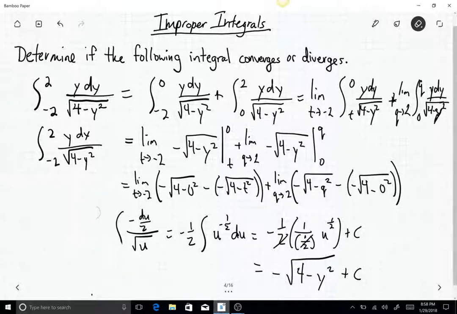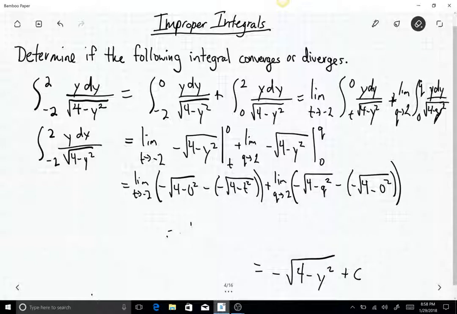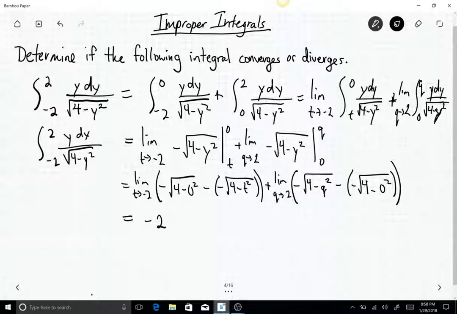Alright, so now that we have a little bit more space, what happens now? Well, we plug in. So this should equal negative square root of 4, which is negative 2, minus, well, square root of 4 minus 4 is 0, so that's just going to be 0, plus 0, and then we get minus, and then plug in here, you get negative square root of 4, which is 2, so negative 2.